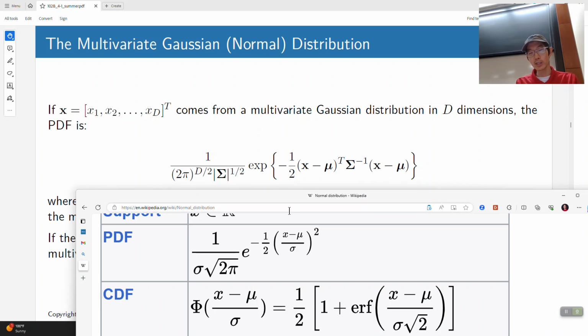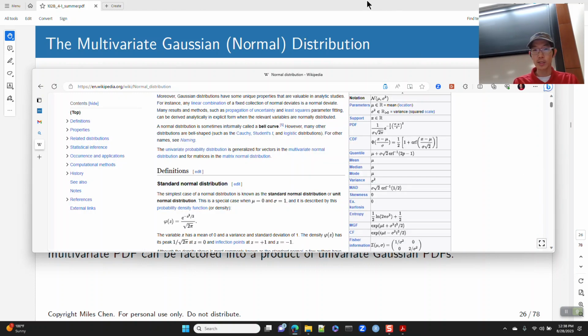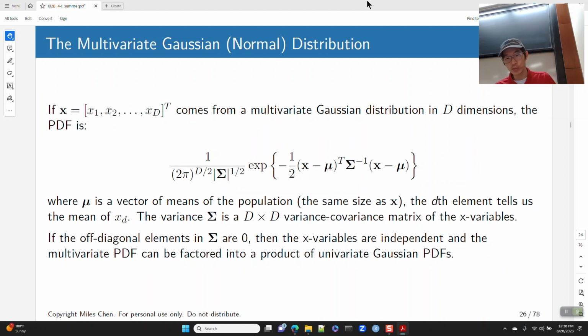So it's not exactly the square root, but there are parallel elements between the PDF of the multivariate normal and the PDF of the univariate normal, which we are probably more familiar with.